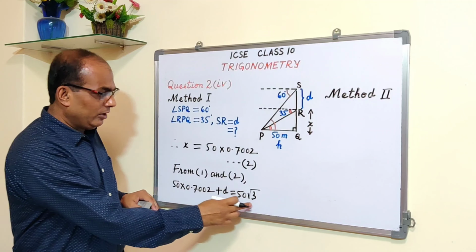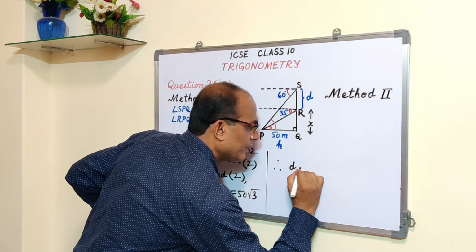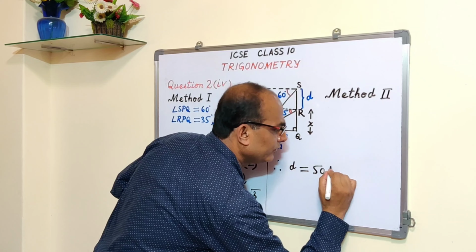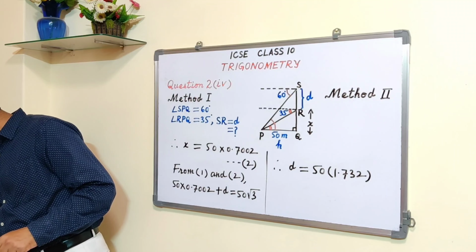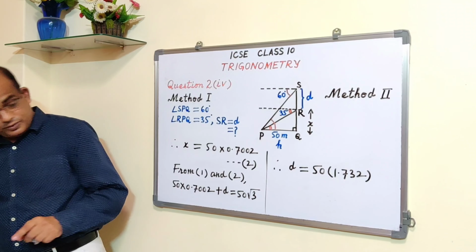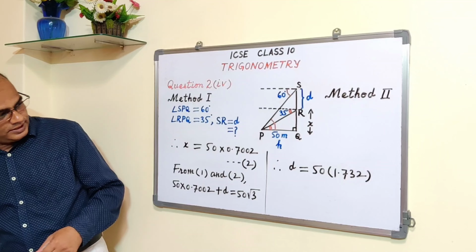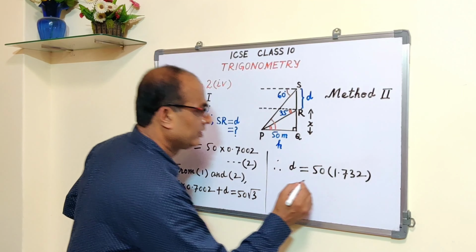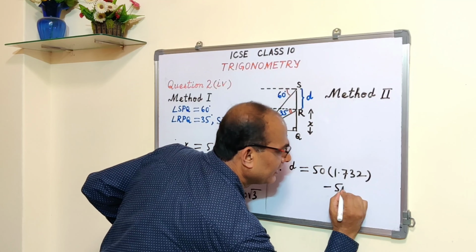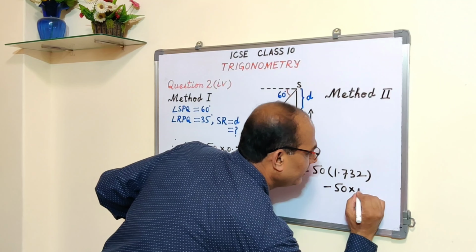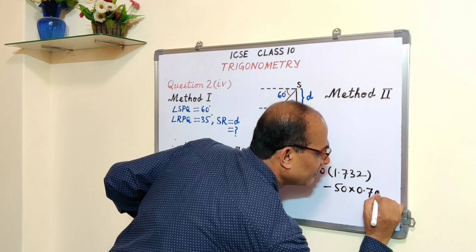So therefore d is equal to 50 root 3, root 3 means 1.732, minus 50 multiplied by 0.7002.